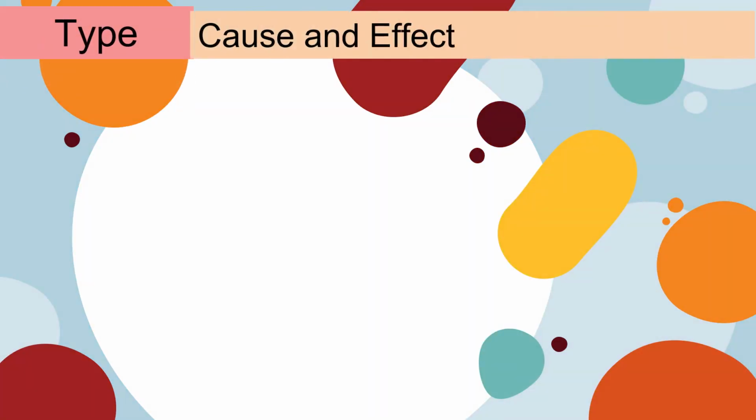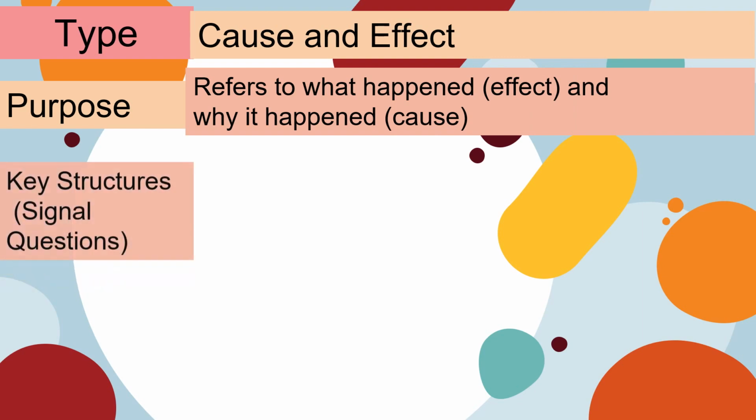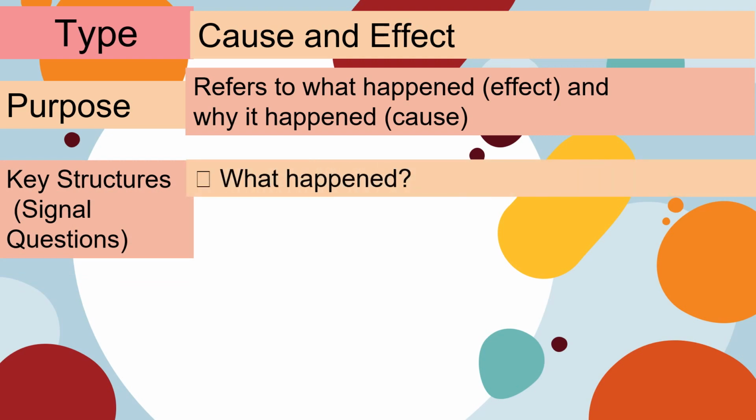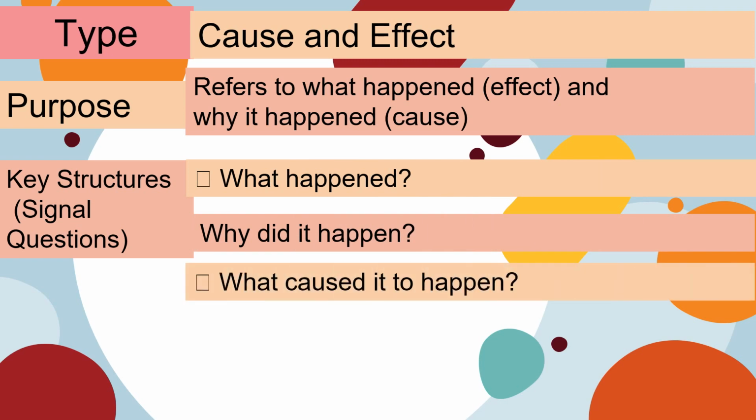Another type of informational text, the cause and effect. The purpose of this refers to what happened or effect and why it happened or the cause. Key structures or signal questions: what happened? Why did it happen? And what caused it to happen?